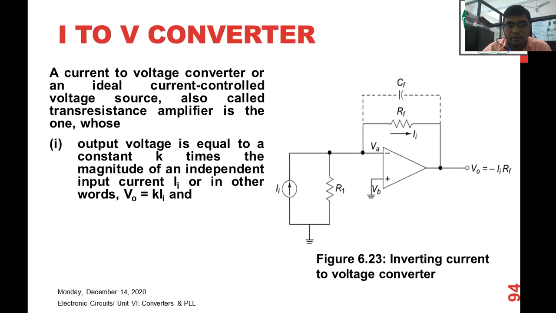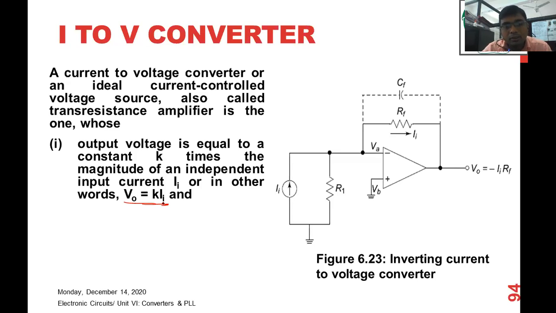And in this trans resistance amplifier, there are two features. First, the output voltage is equal to a constant K times the magnitude of input current I, or you can say V0 is equal to K I. Means output voltage is proportional to the input current, just opposite to the previous case of the V to I converter, where IL is proportional to Vi.